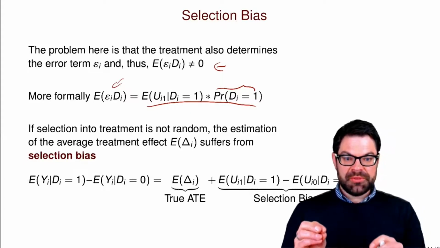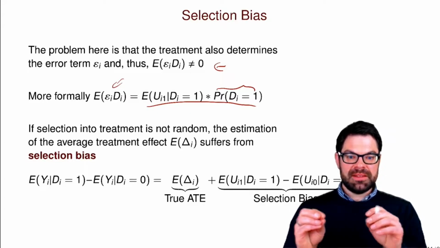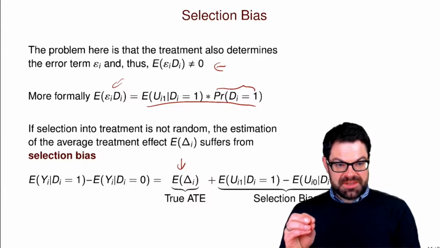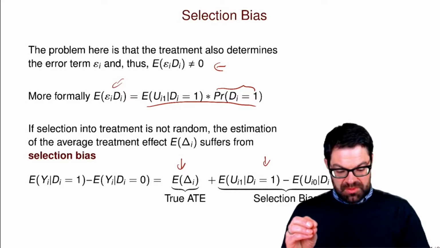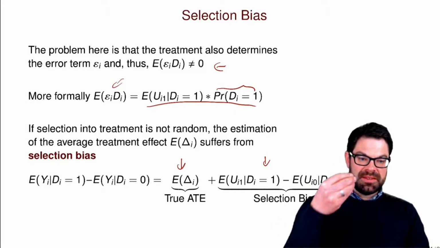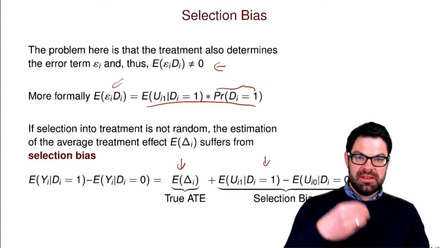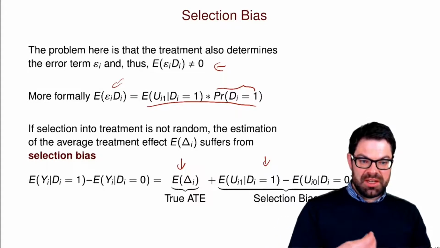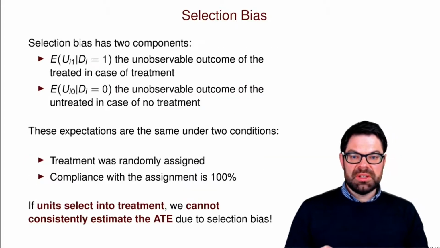So what that gives us is we can rewrite that difference as the true average treatment effect plus a selection bias. And that selection bias, again, is the difference in the idiosyncratic outcomes of those groups that get treated and those groups who did not get treated.